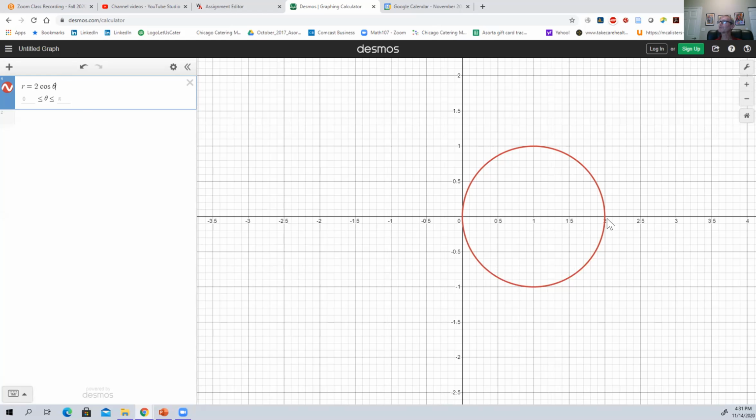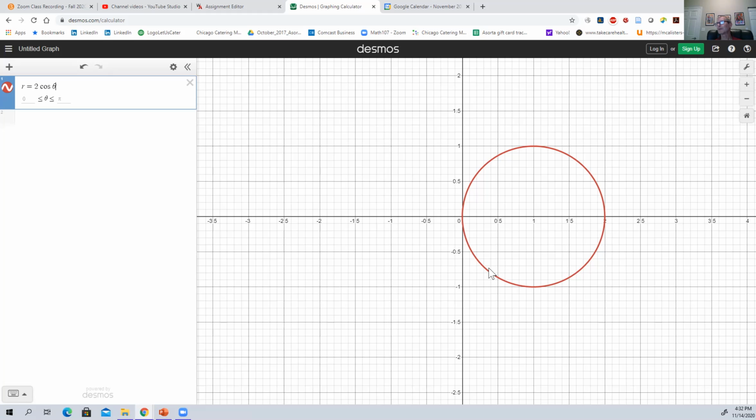So this is from 0 to 90 degrees is the top half of the circle. And then the second half of the circle goes from 0 to 180. And guess what happens? If you go back and go from 180 to 270, you just rotate again, and then you rotate again.